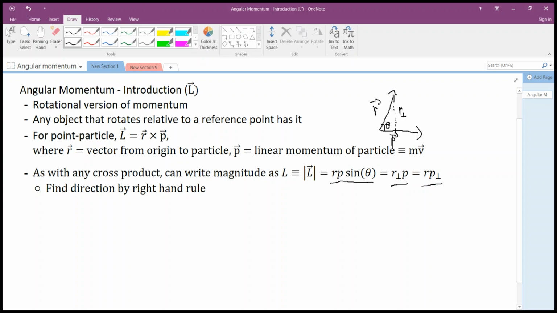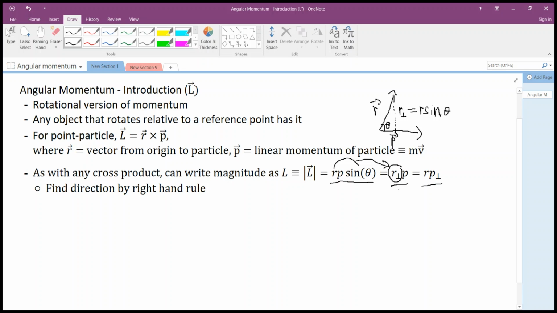Here I have the perpendicular component of r to p, and it is equal to r sine theta. And so we can group the two terms together and thereby form our formula, r perp times p. Similarly, you can convince yourself that p sine theta will give you the perpendicular component of p to r.